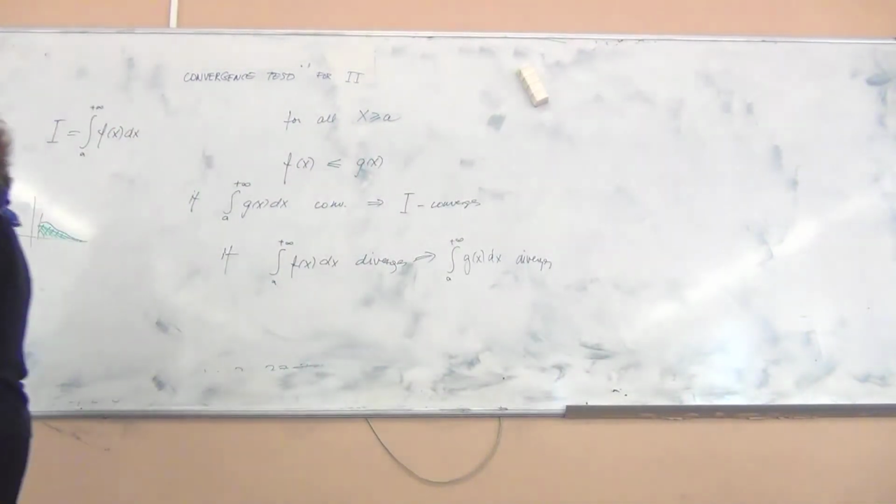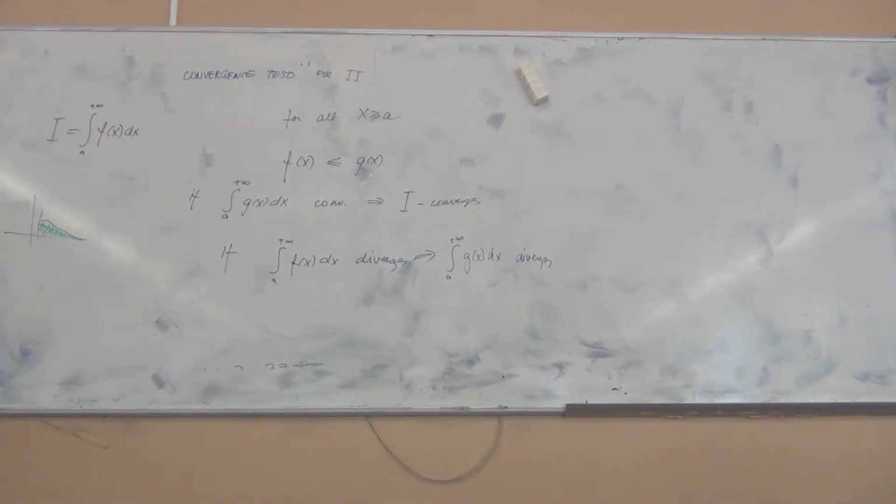In other words, if we look at the sketch, if this green area, this smaller area, is infinity, then obviously the greater area also must be infinity. It cannot be less than infinity.